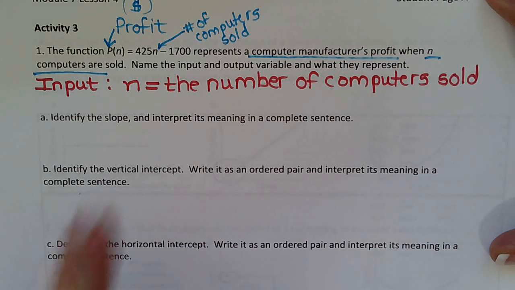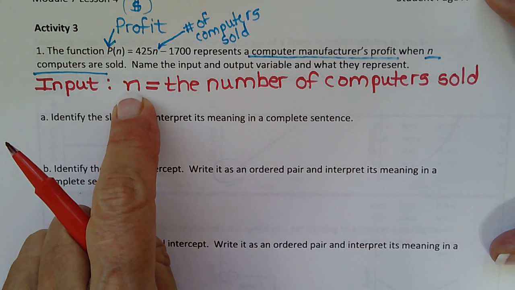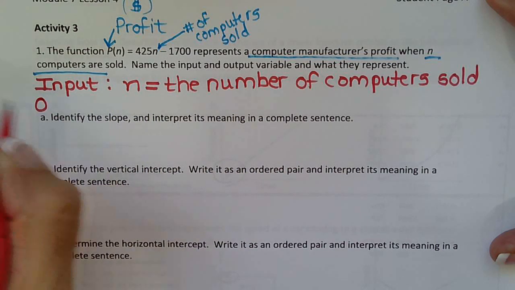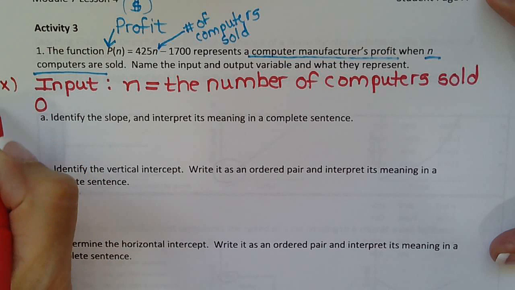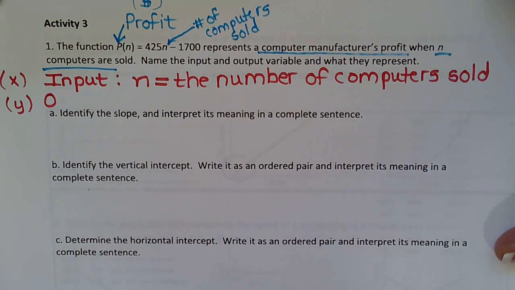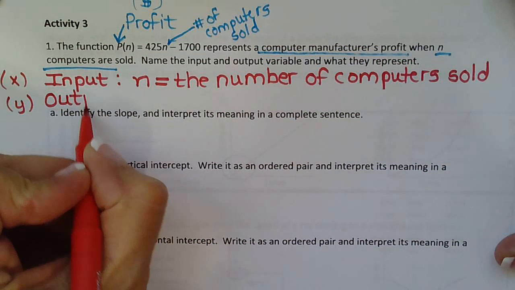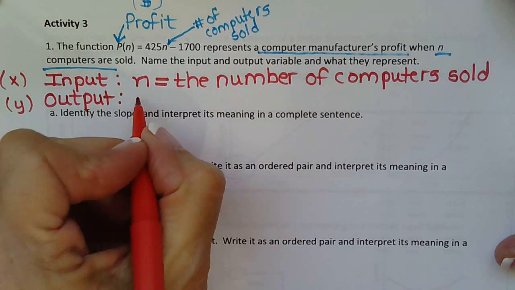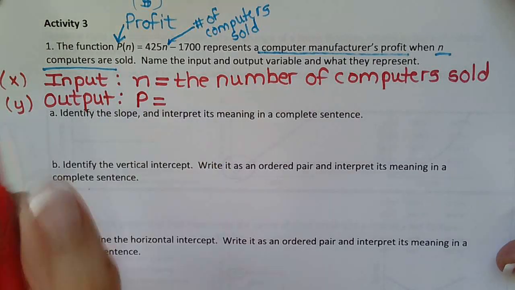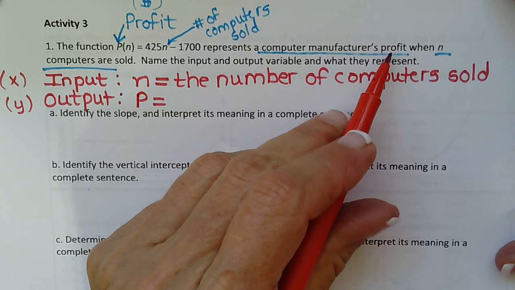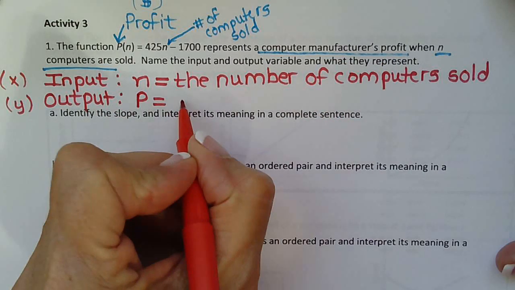Very descriptive. Like I said, they have to contain a variable, what they stand for, and the units. Output is always our Y. Let's just put that out here just to remind ourselves from Module 6. So the output is the answer, the Y, and in this case our output is P equals, and that would be computer manufacturer's profit in dollars.